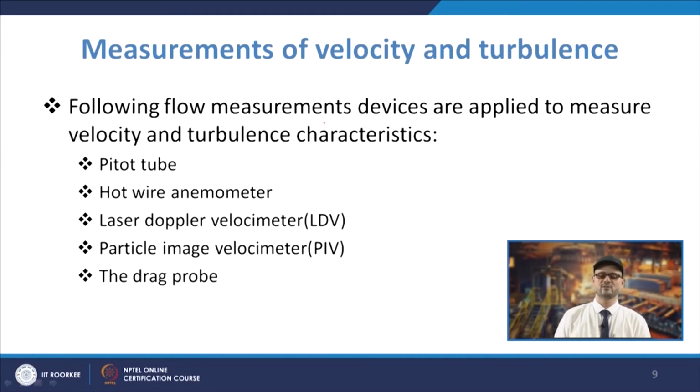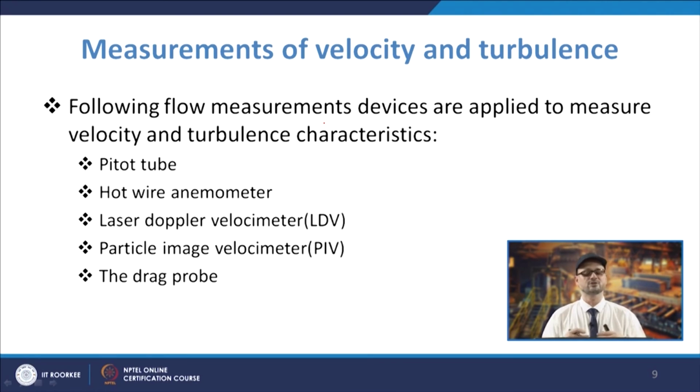Apart from that, different flow measurement devices are applied to measure the velocity and turbulence. In that you have the Pitot tube, the hot wire anemometer, and the laser Doppler velocimeter. PIV is very much used in physical modeling, where you try to get the velocity profile at a certain section.